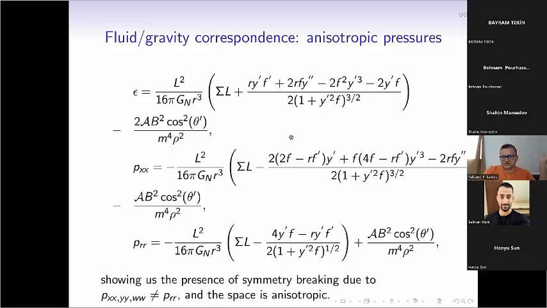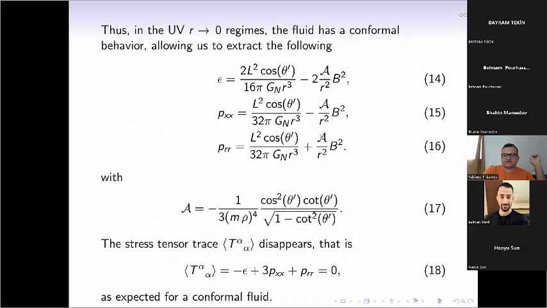With the Horndeski couplings and with the boundary term, of course. But when we go to the ultraviolet regime, we recover conformal behavior. And this result is expected by the usual gravity theories, right? Which means that the energy momentum tensor is zero.